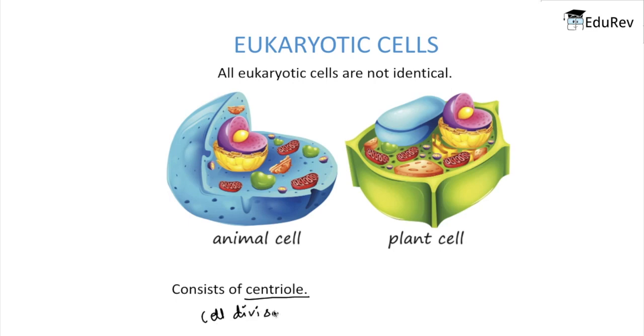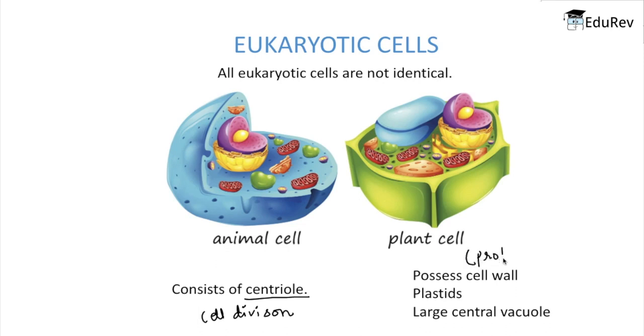They are only present inside animals but absent in plant cells. And plant cells possess a cell wall, which is absent in animal cells and only present in the plant cell. The cell wall provides protection to the cells.